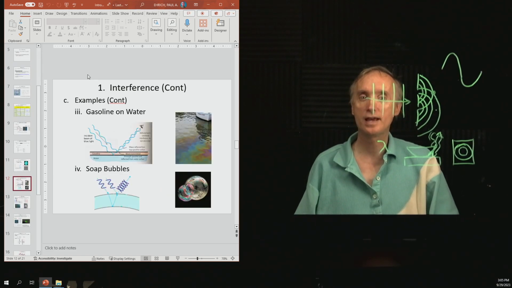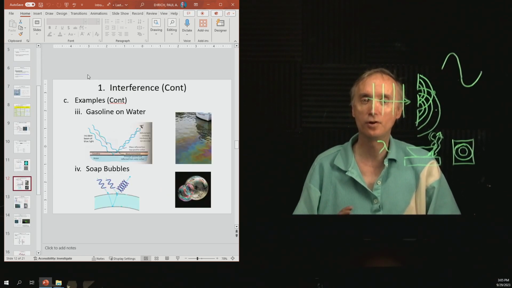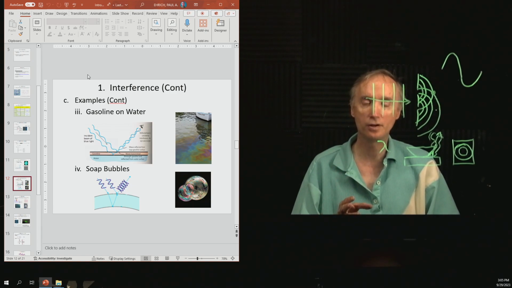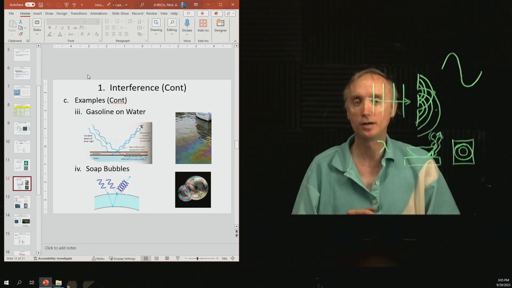Then you've got gasoline floating on top of water, and you have soap bubbles. It's the same thing. Both the gasoline on the water and the soap bubbles are really the same thing.